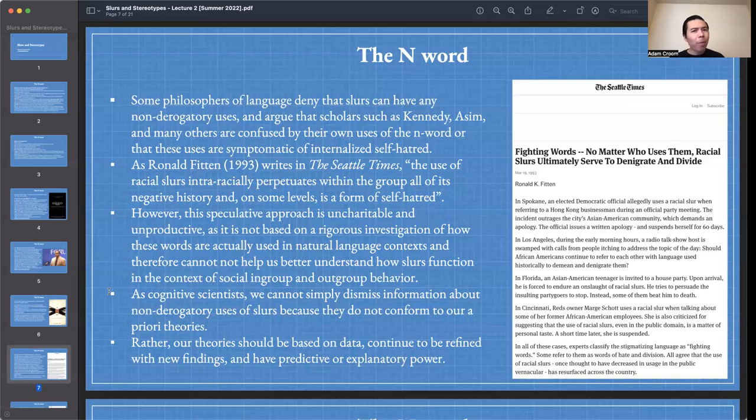And so think about this methodologically. How can a layperson, right, say based on their a priori assumptions of how slurs work, challenge a law professor and slur scholar on their own reports of how these words are used in their own community, right?